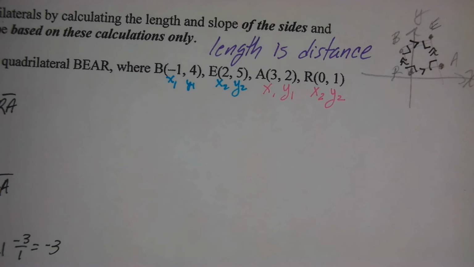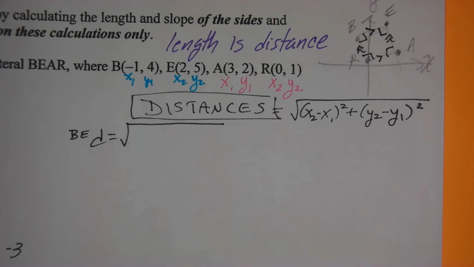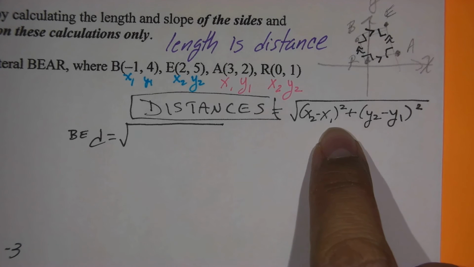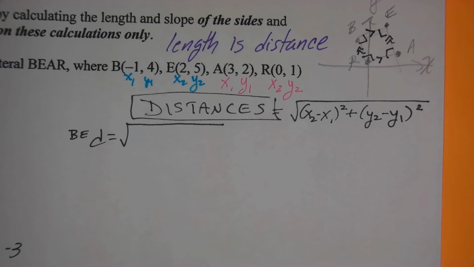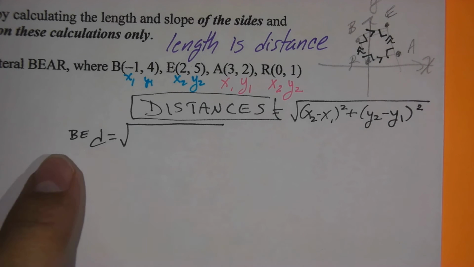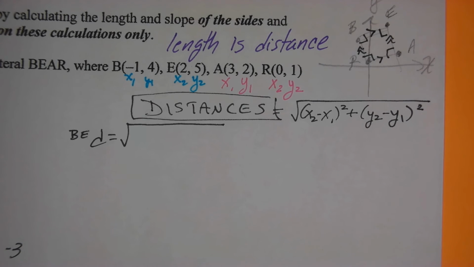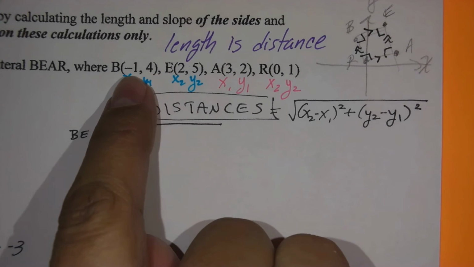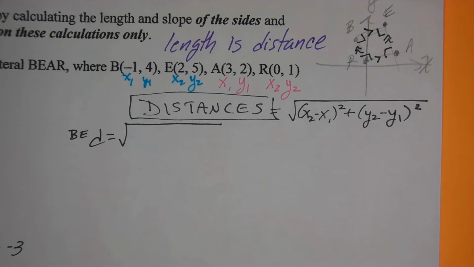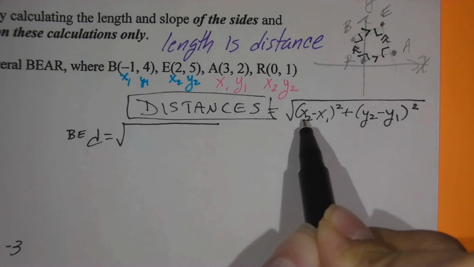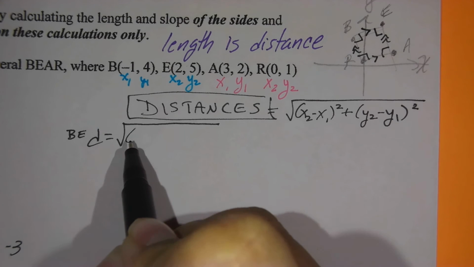Now we're going to do distance. All right, so for distances, we're going to need this formula again. And we've seen it before. So we're going to go ahead and do the distance for BE first. Luckily, we already labeled our points. Ta-da! We already did that work, so no problem. So we're going to go ahead and do first x2 minus x1.